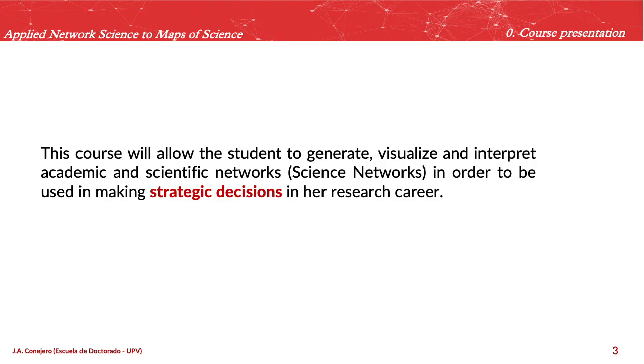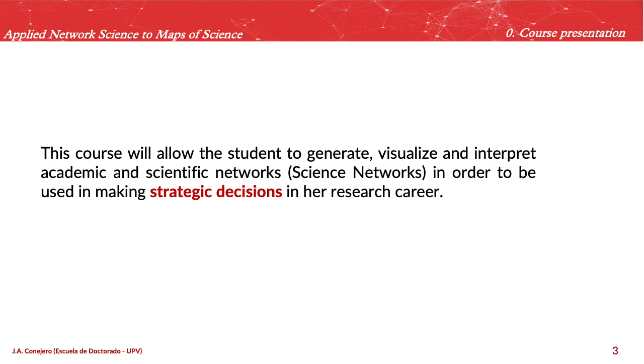This course will allow the student to generate, visualize, and interpret academic and scientific networks, which are called science networks, in order to be used in making strategic decisions in her research career. At some point, you will have to take decisions on where to go for a stay, what to analyze, which are the more trending topics in your research area, and also to see how the journals' citations are connecting one to the other.